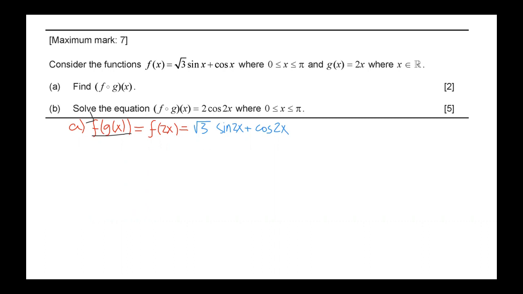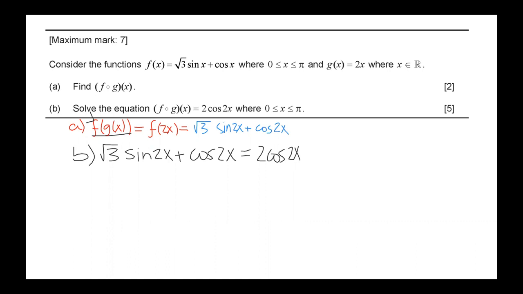We'll just write the same expression we found before, radical 3 sine 2x plus cosine 2x equals 2 cosine 2x. We're equating the expression we found in A to the expression they gave us in B, and we are required to solve for x.